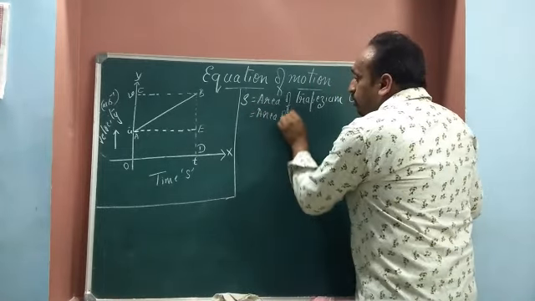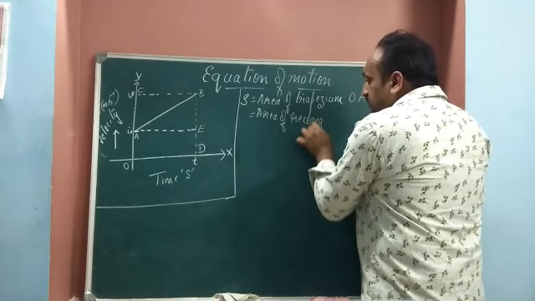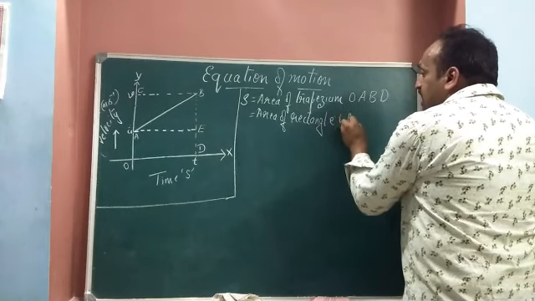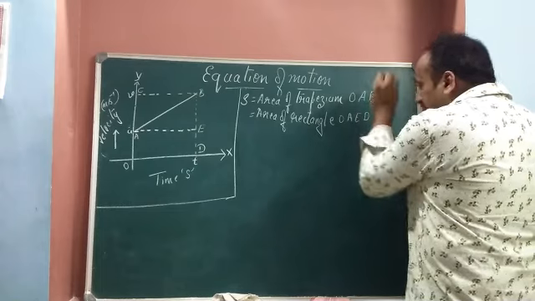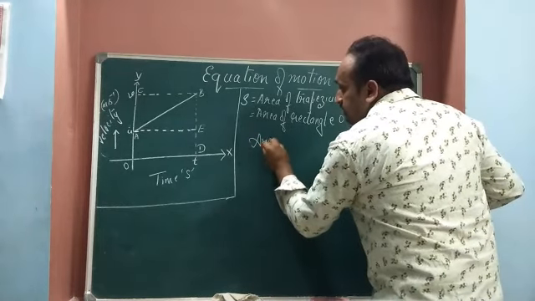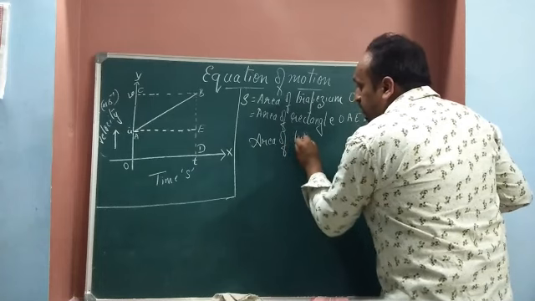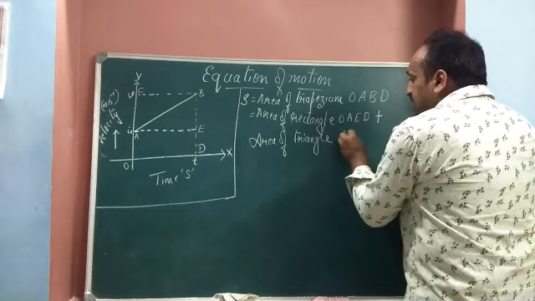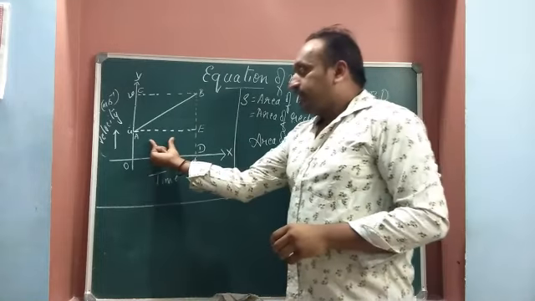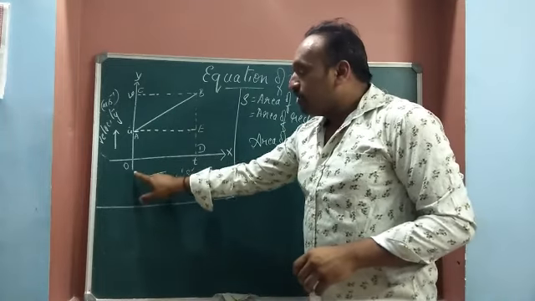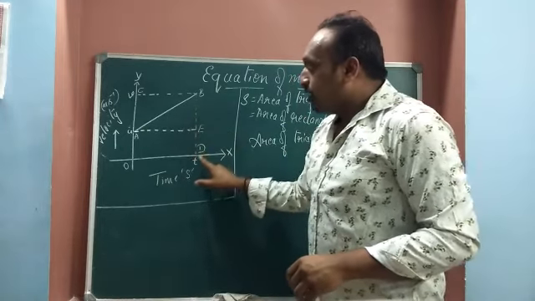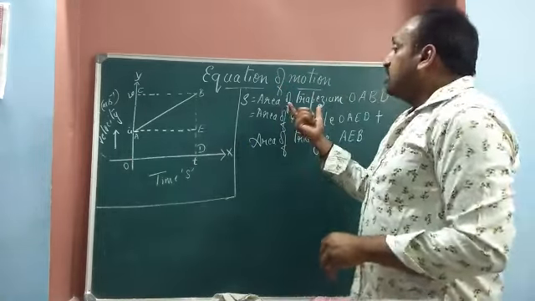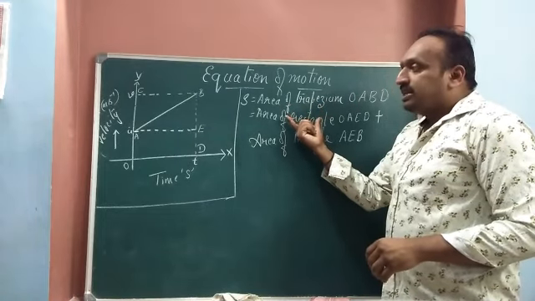Area of rectangle OAED plus area of triangle AEB. Area of rectangle plus area of triangle will give you the area of the trapezium OABD.